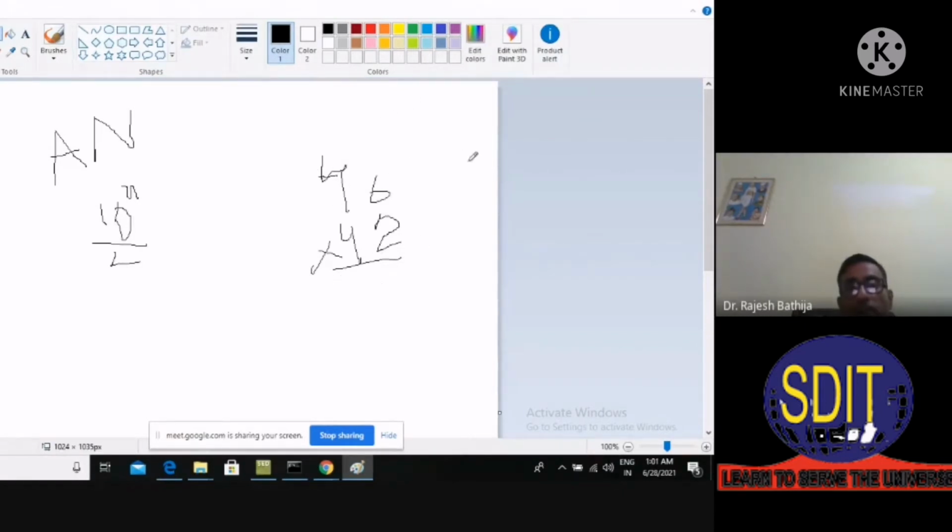But in the Anurupyena multiplier, we use the same method as we did with Nikilam, but now the base is 50, not 100. And 50 we can write either as 10 into 5, or as 100 divided by 2, right?